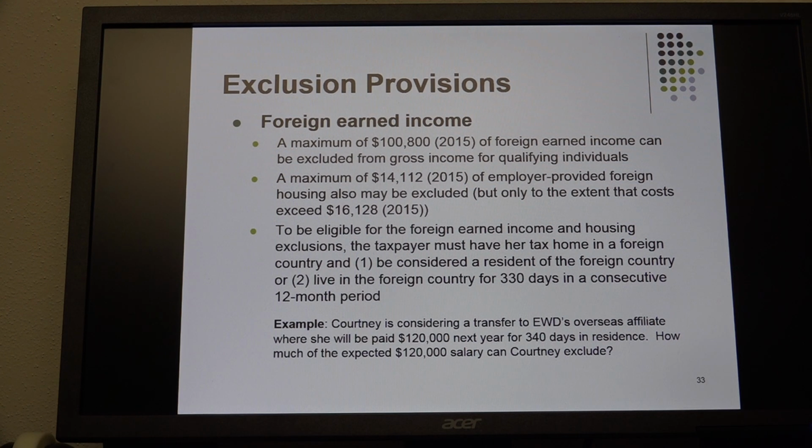Foreign earned income: you can exclude up to $100,800 in 2015 of foreign earned income. Remember, you have to include income from whatever source derived, also from wherever derived.